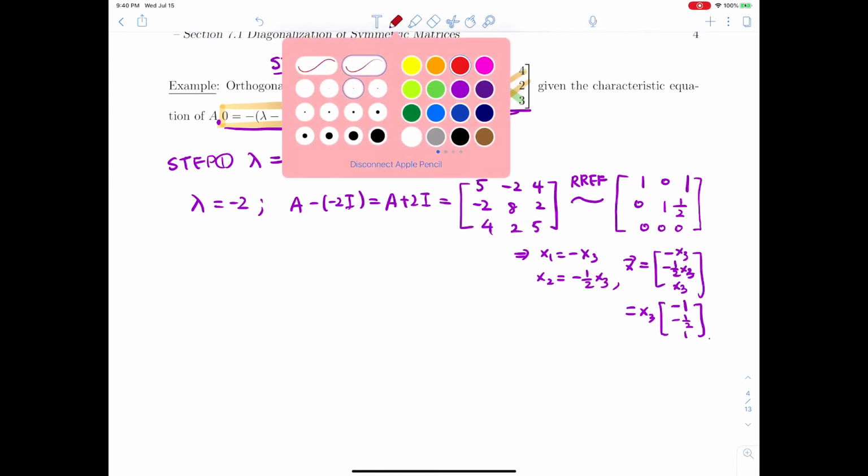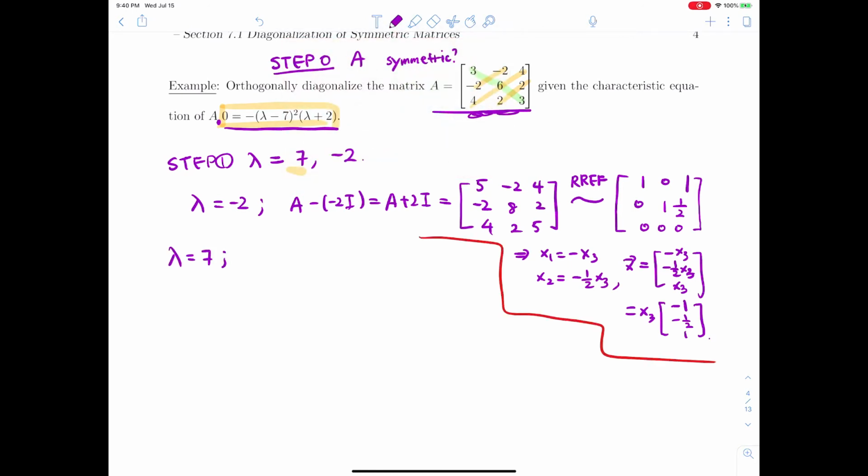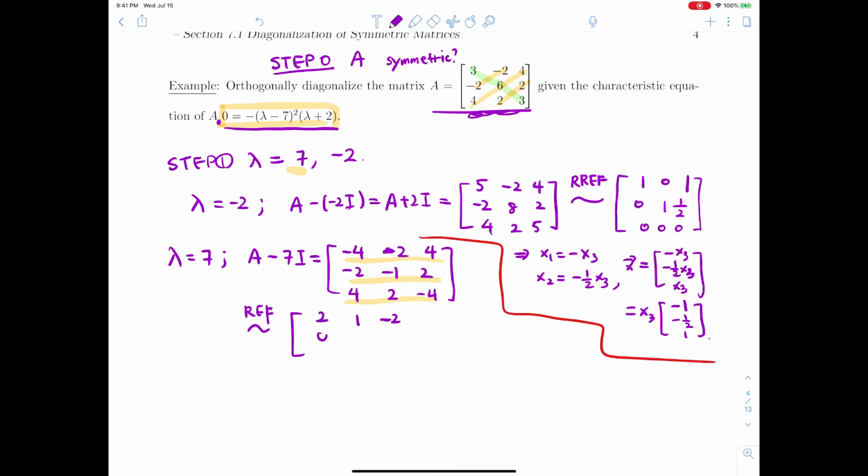On the other hand, when lambda equals 7, we have to calculate the null space of A minus 7I, and this equals negative 4, negative 2, 4, negative 2, negative 1, 2, 4, 2, and negative 4. If you take the REF of this matrix, I guess all the rows are linearly dependent. So it should be 2, 1, and negative 2, 0, 0, 0, 0, 0, and 0.